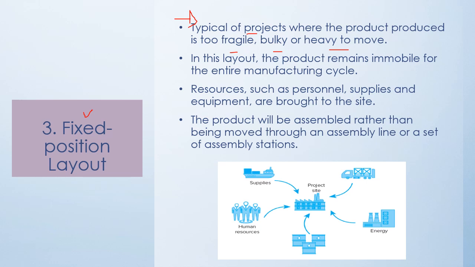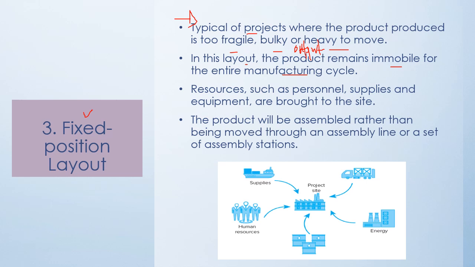So in this layout, the product remains immobile for the entire manufacturing cycle. For this layout, the product here means the output. The output is actually the project itself. So the project remains immobile, tidak bergerak, until all the manufacturing process has been completed.